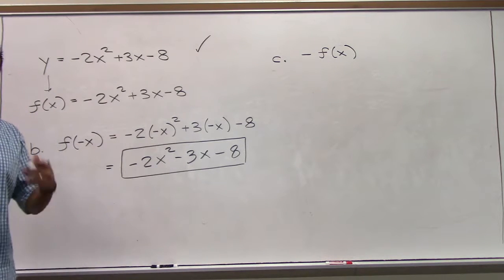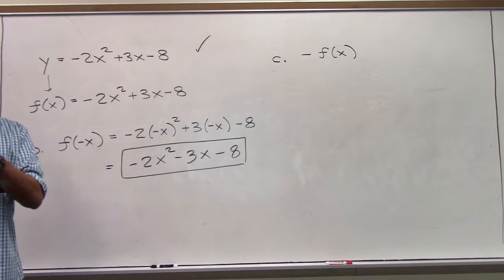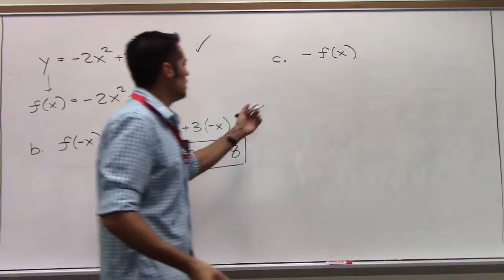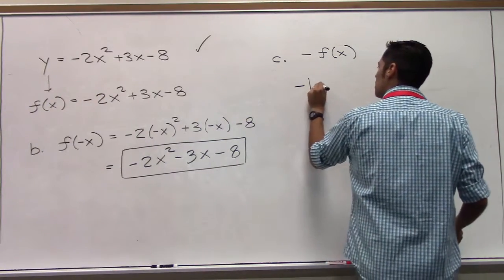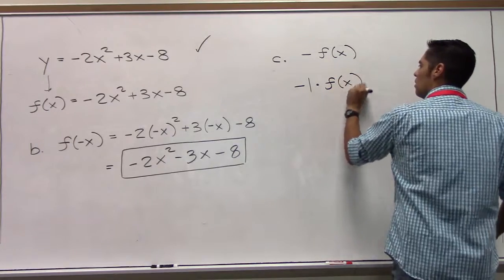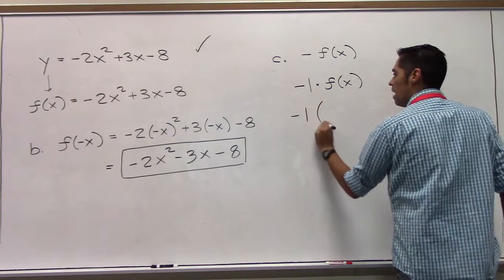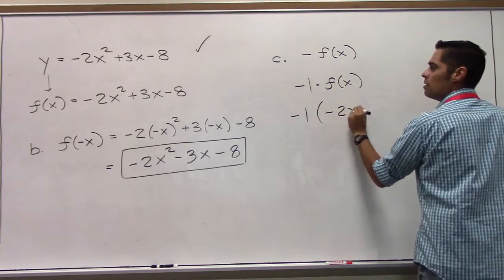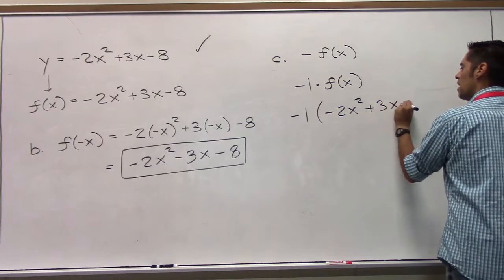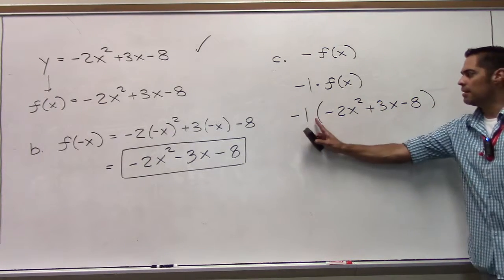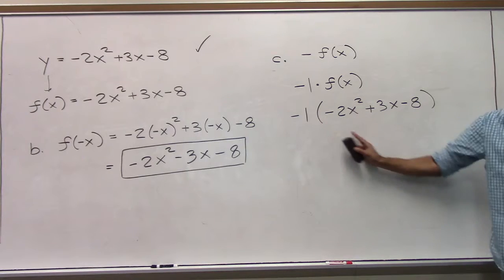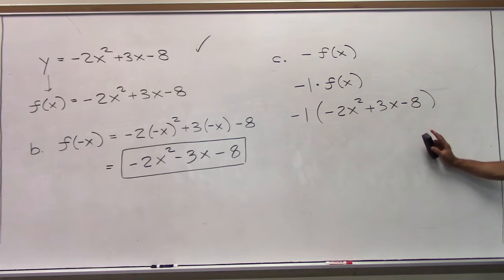And when we say opposite, we mean opposite signs. We're just going to change the signs of everything. It's really like doing negative 1 times the function, which means negative 1 times negative 2x squared plus 3x minus 8. And then you distribute the negative through to each one of them, and it has the effect of changing all the signs.